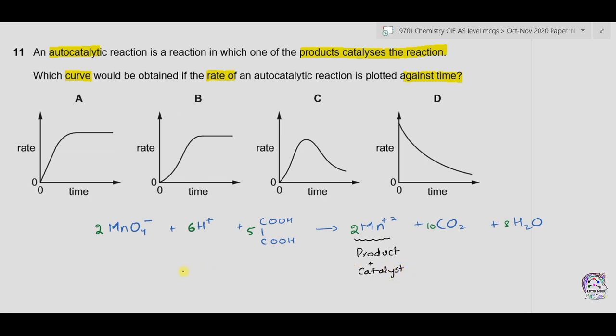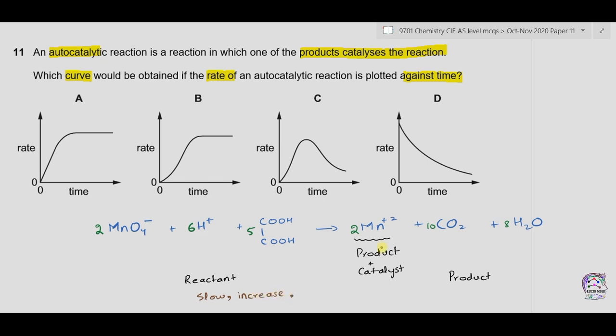When the reaction starts, we have maximum amount of reactants and zero amount of products present. As there is no catalyst when the reaction starts, the reaction rate will be slow. Now when some amount of Mn2+ is formed, the reaction rate gradually increases.